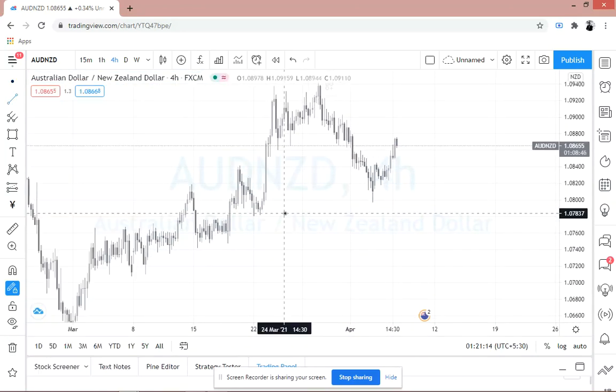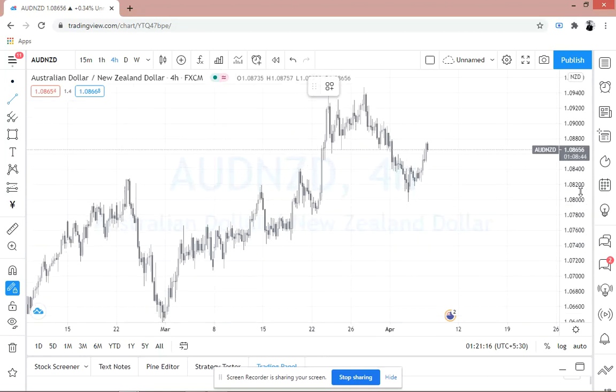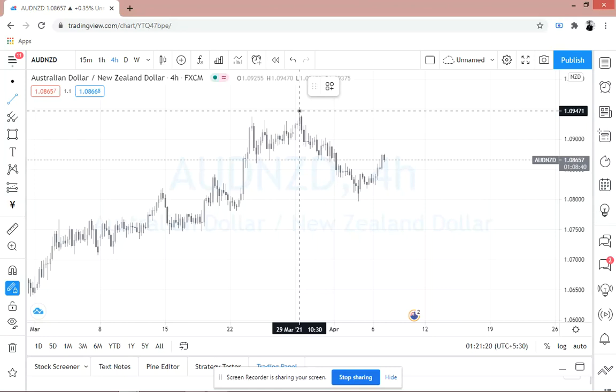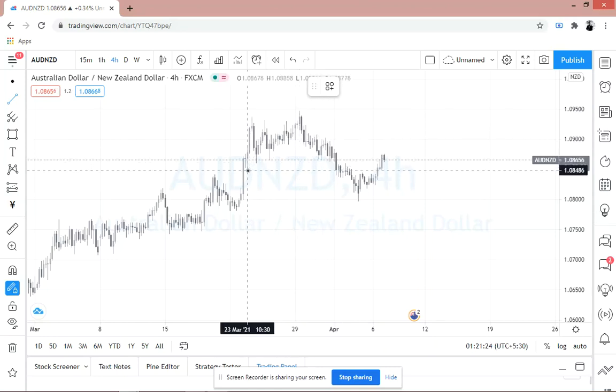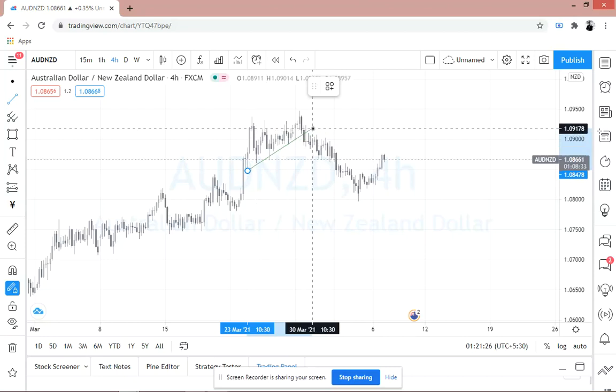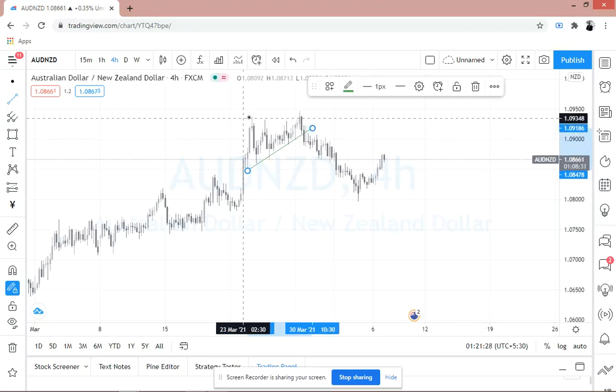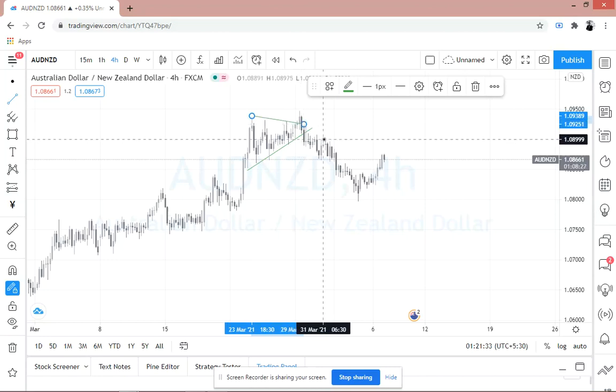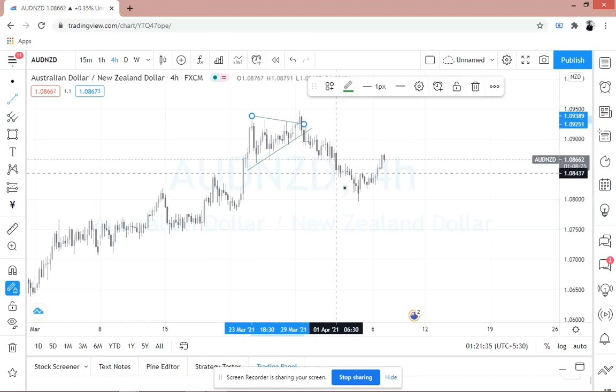To get a new trend line, you can see some support level here, resistance, and the market will move downward.